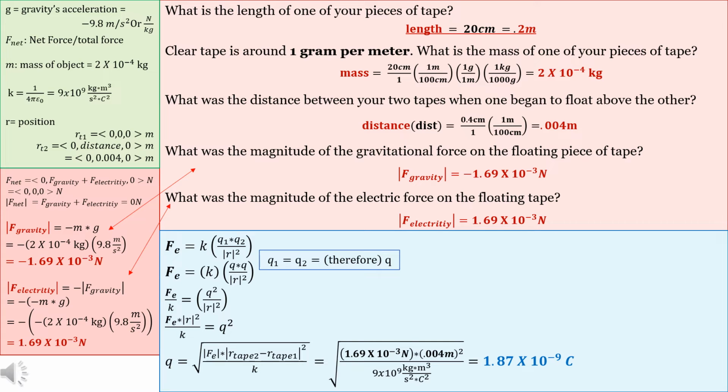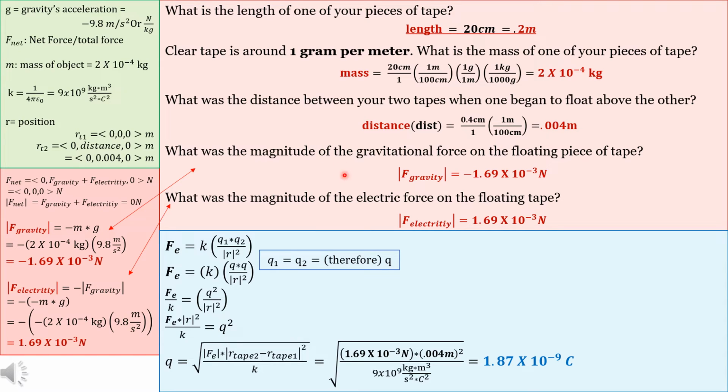So here we're going more in depth on the given information and the data we already have. The length of the tape is 2.2 meters, and since we have 1 gram per meter, we can use that to figure out the mass. Then we have the distance between the floating tape and the other one, which was 0.004 meters.